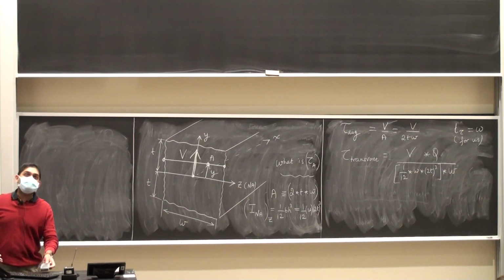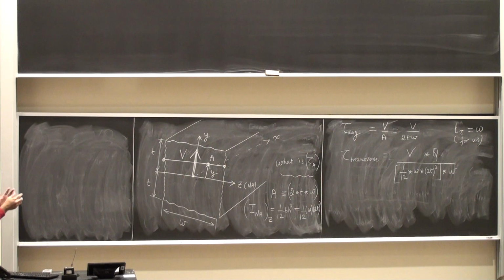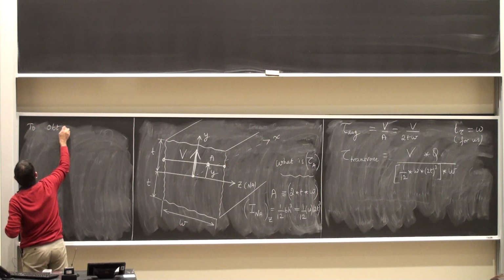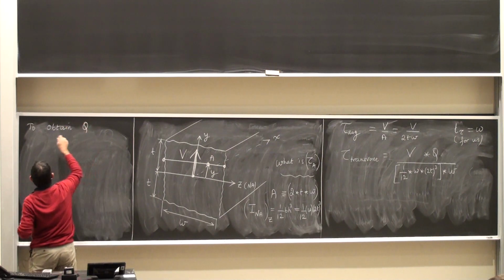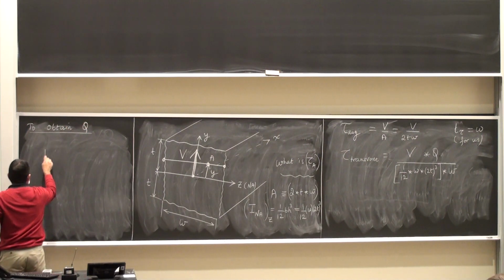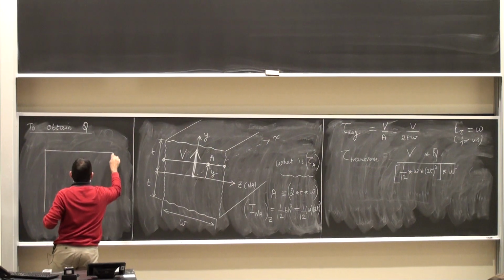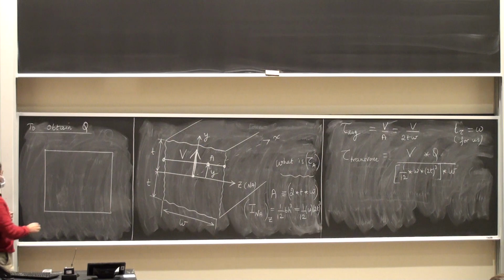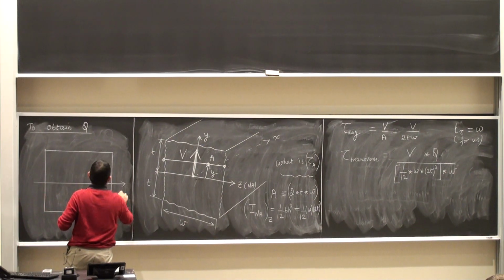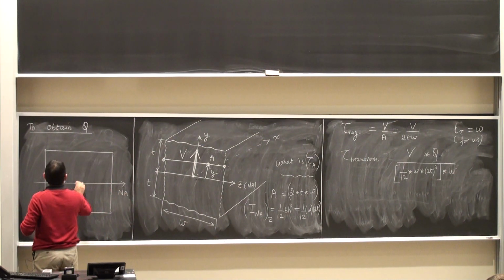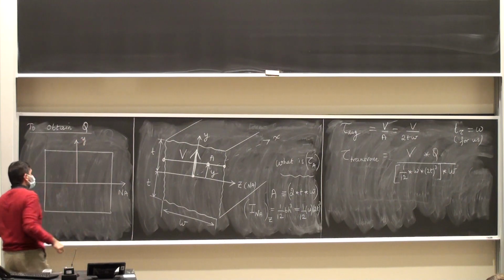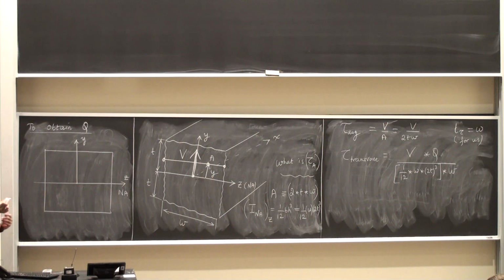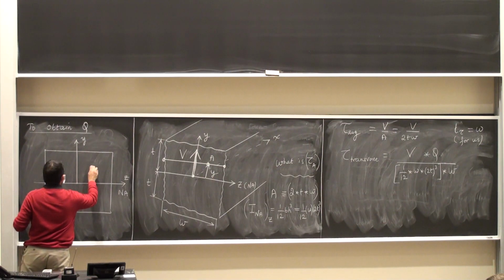Here is how you find Q. Draw the cross section. Okay, so here is the cross section, neutral axis. This is the y-axis, the z-axis is here. I have my chosen point, somewhere here.